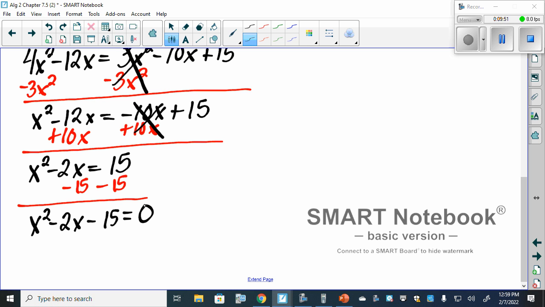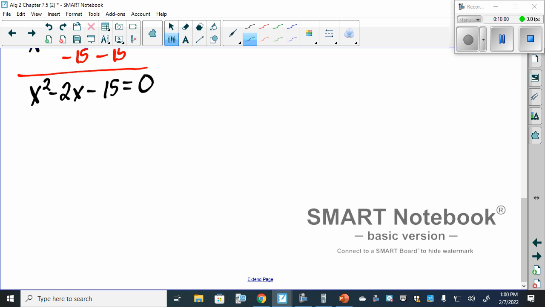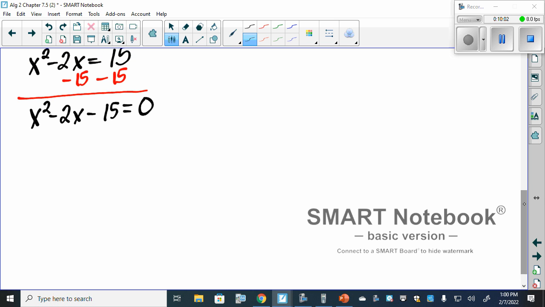So we had to move everything onto the same side. And doing it this way is helpful because it does give us an x squared term that is positive. So it makes it a little bit easier to work with if we're going to factor.